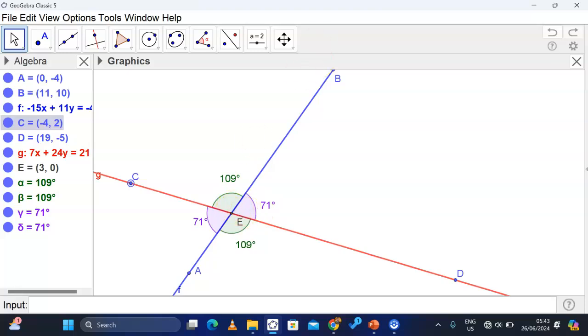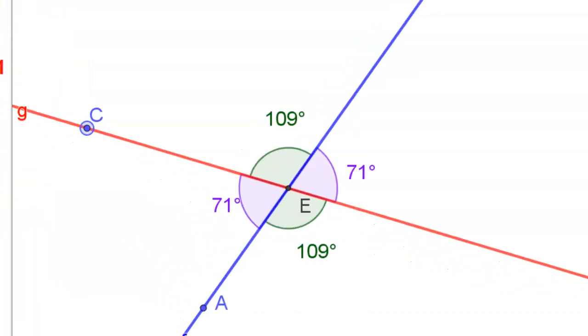And you can also see another unique thing here, that the two angles add up to 180. So look at the straight line, the red line. If you look at the red line, angle 109 and angle 71, because they lie on the straight line, you add the two values, you get 180.